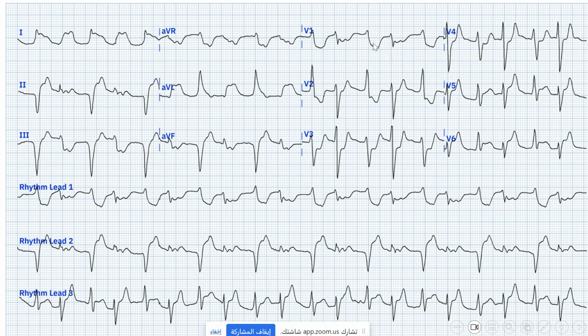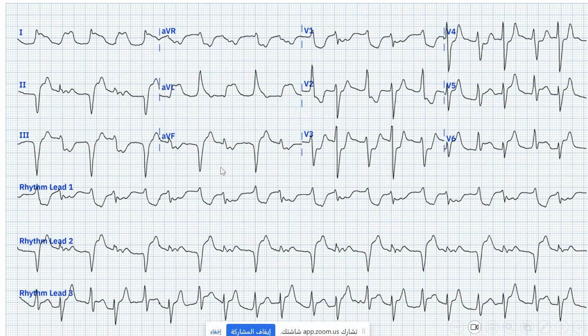So it looks like right bundle and then left bundle, right bundle and left bundle, repeatedly. And the rate is a bit high, more than 120 to 130. If you have tachycardia with alternating wide complex axis, this is called bidirectional ventricular tachycardia.